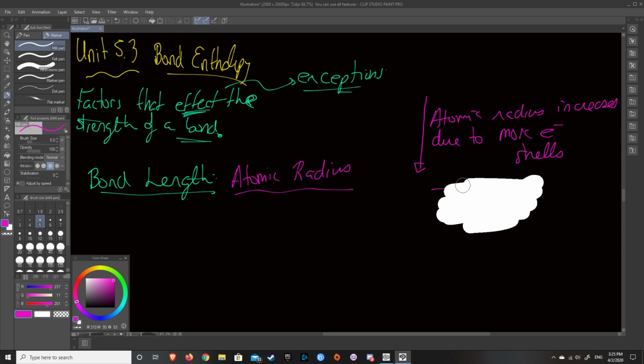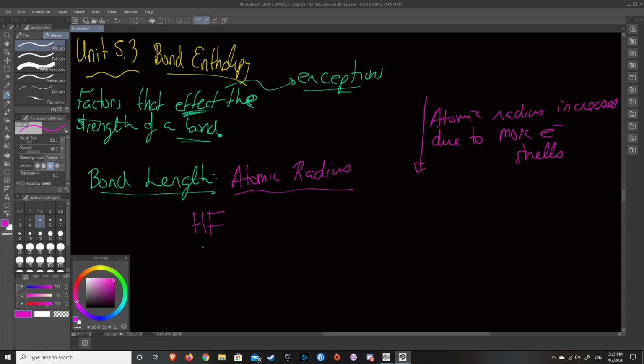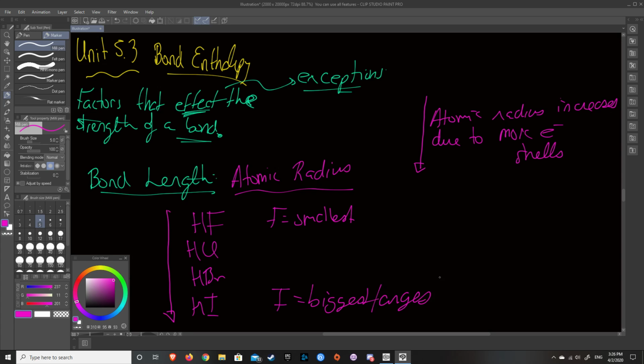So we're just going to compare one group: HF, HCl, HBr, and HI. If you look at your periodic table, we're increasing atomic radius. Fluorine is the smallest, iodine is the largest, and bromine and chlorine are in between.